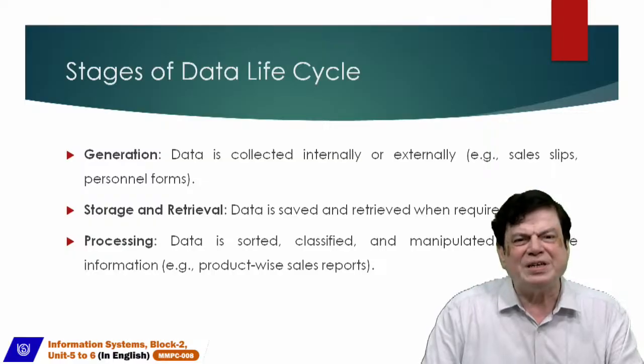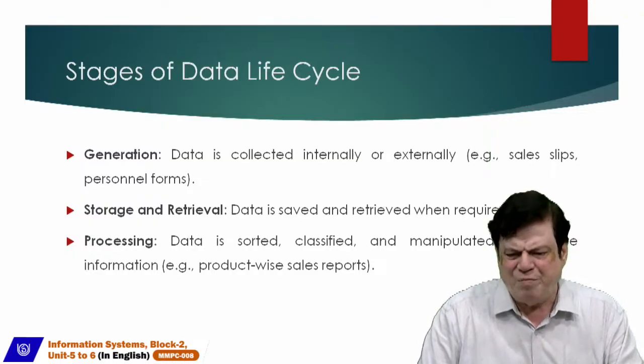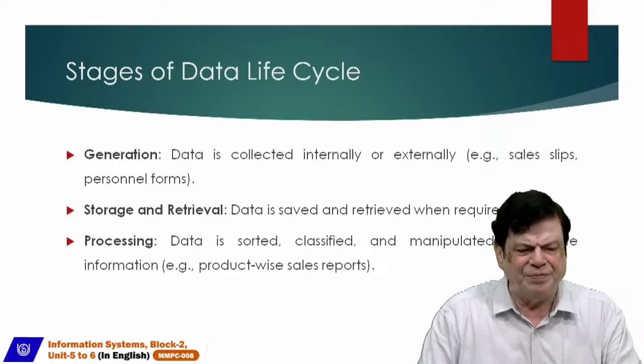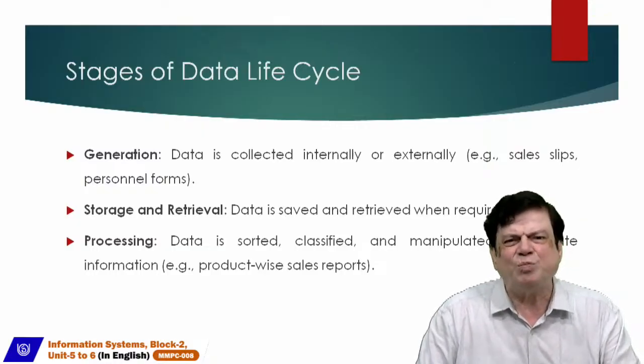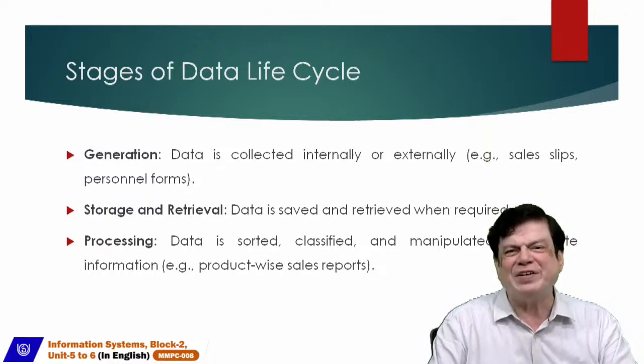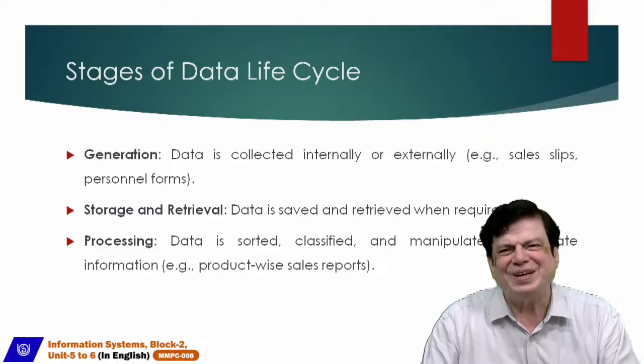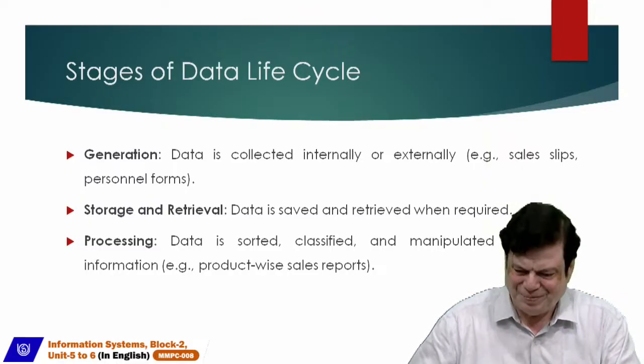Next is processing: data is sorted, classified and manipulated to create information, that is, a product-wise sales report. The company is manufacturing many products, so for each product, we get that sales report.